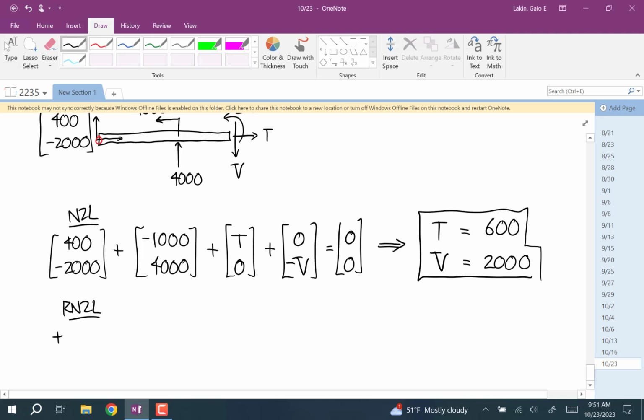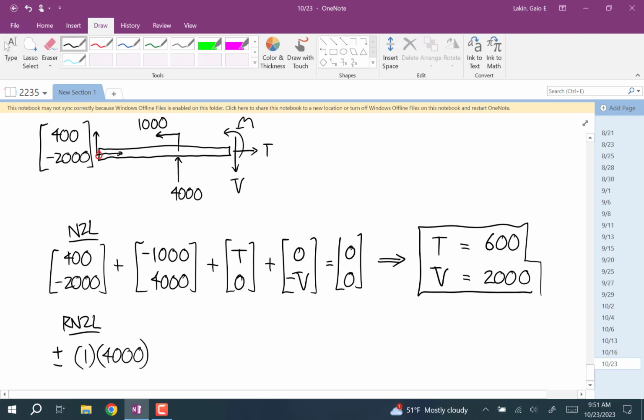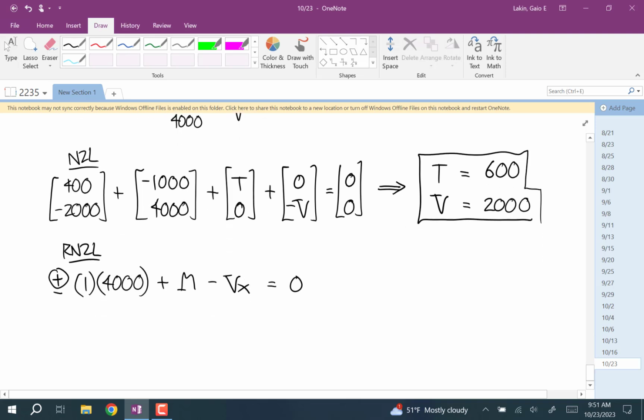We do have a moment arm of 1 and a force of 4,000. Is that clockwise or counterclockwise? Counter. So that's positive, plus M minus Vx is equal to 0. And so M is equal to 2,000x minus 4,000.